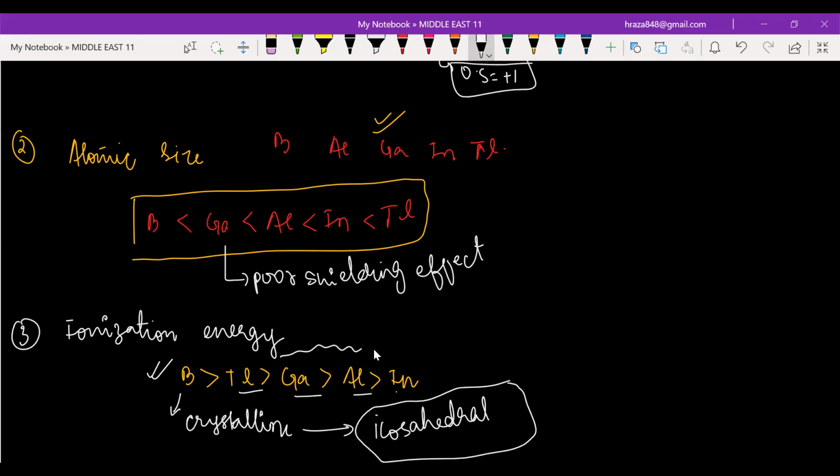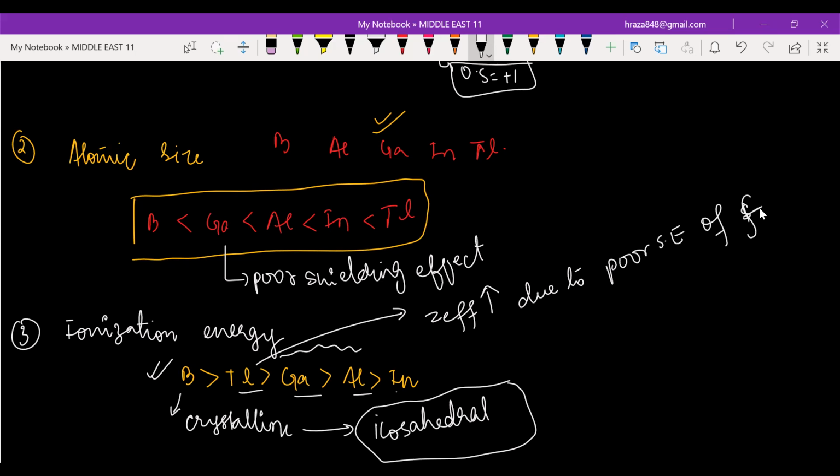And basically thallium, due to presence of the f subshell, Z effective increases, because the f subshell has very poor shielding effect.